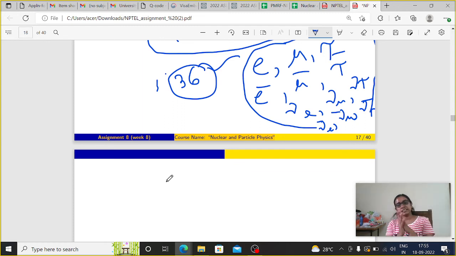And one more thing is there: unlike QED, in QCD gluons also interact with each other. But photons do not interact with each other because they are chargeless particles. But in the gluon case, as gluons are colored, they can also interact with each other, which makes a very complicated situation.